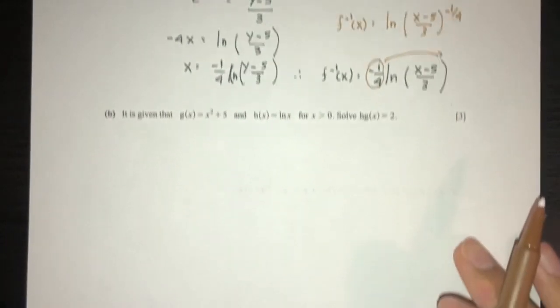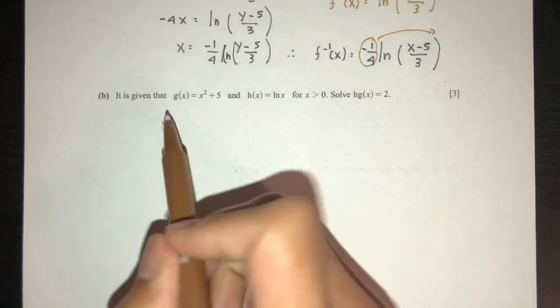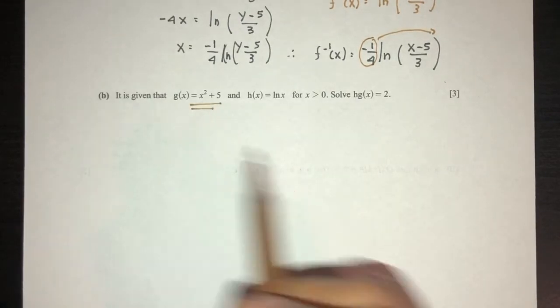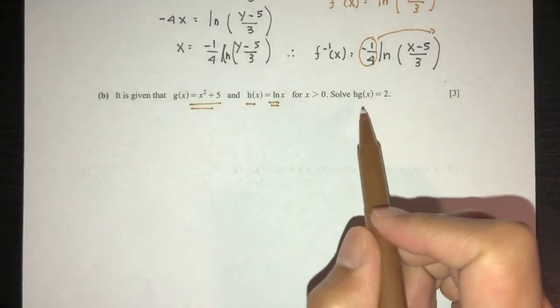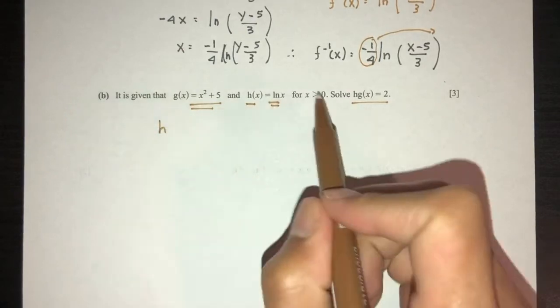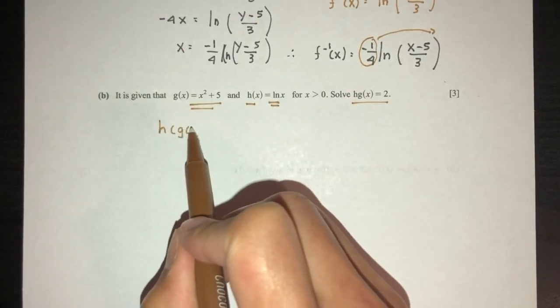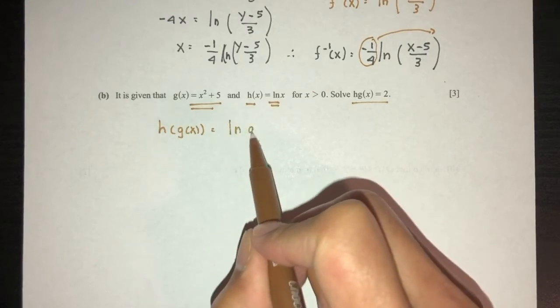That is part A. Now part B, it is given that we have g of x equal to this function, and h of x equal to this function. We have to solve for this value. So step by step, h g of x is h of g of x, which is ln of g of x.